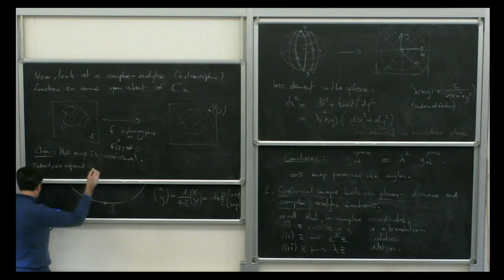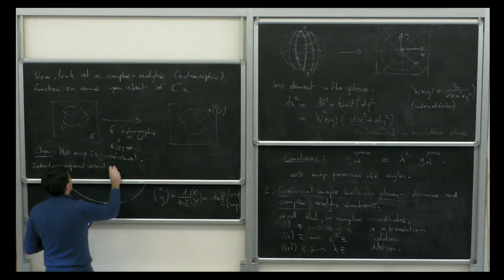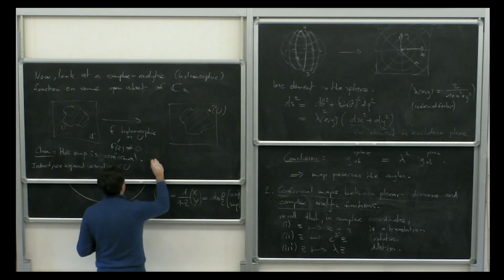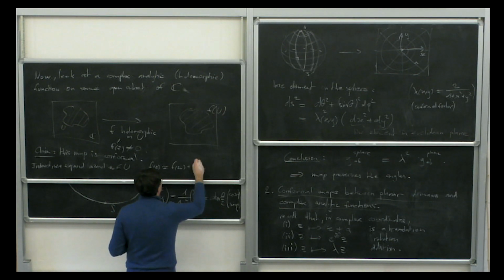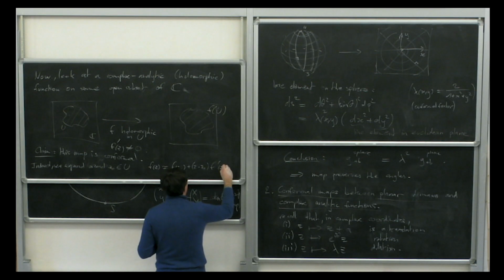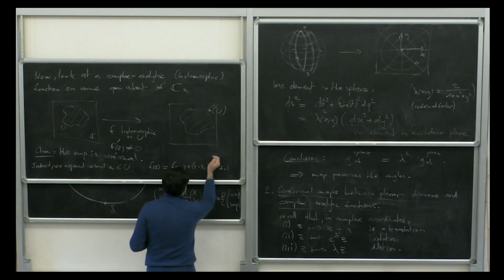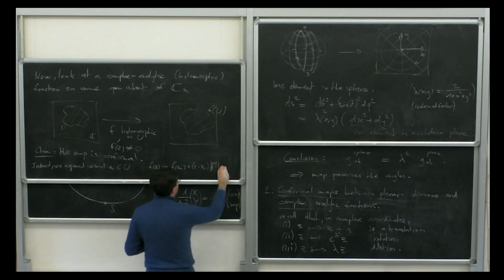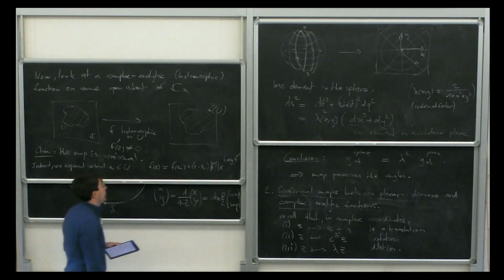We can expand around any point z naught, some point z naught in U. So we Taylor expand, and then we see that f of z is f of z naught plus z minus z naught times f prime of z naught. This f prime we might as well write as the modulus of f prime times exponential i times the argument of f prime at the point z naught.